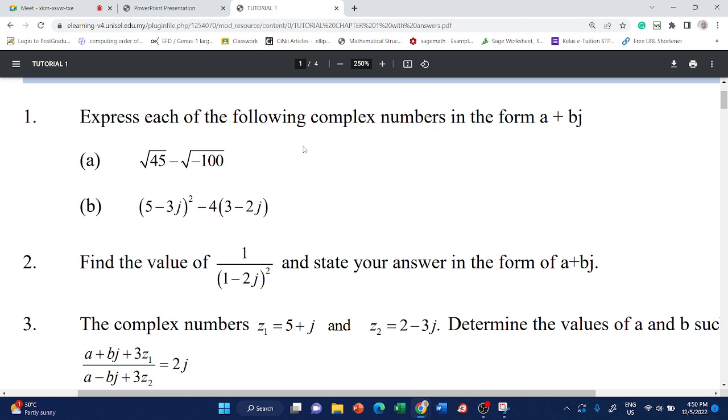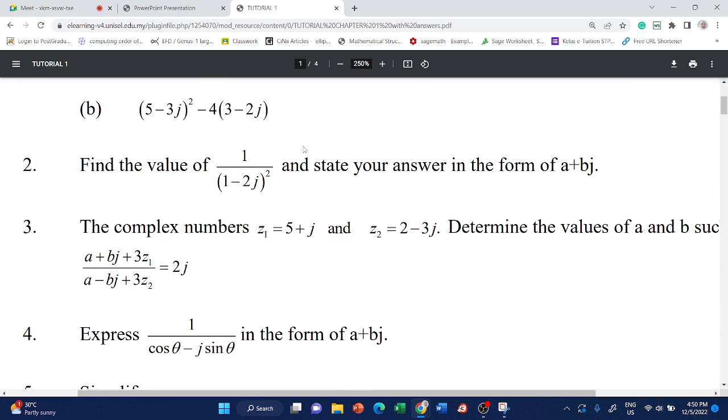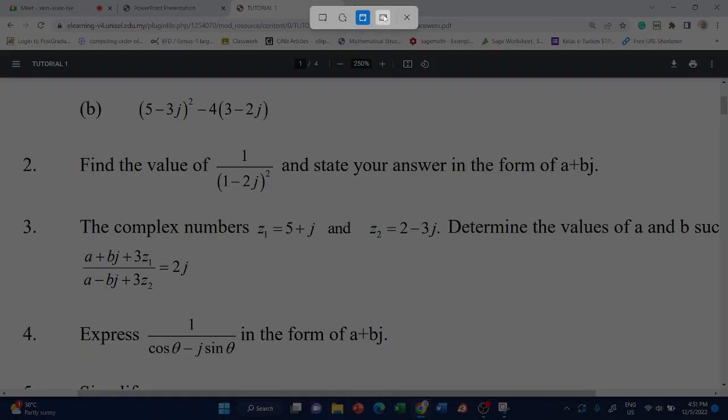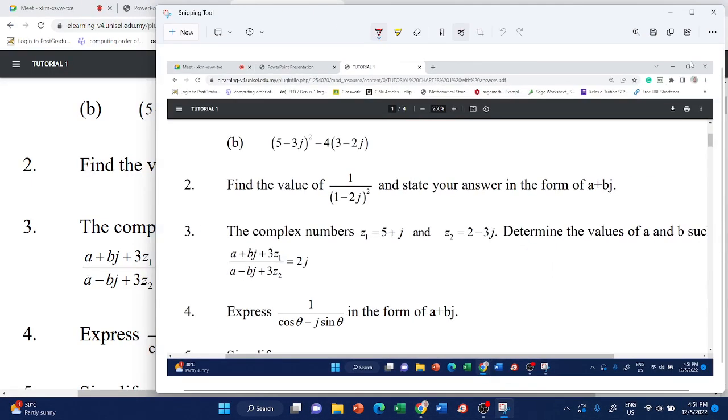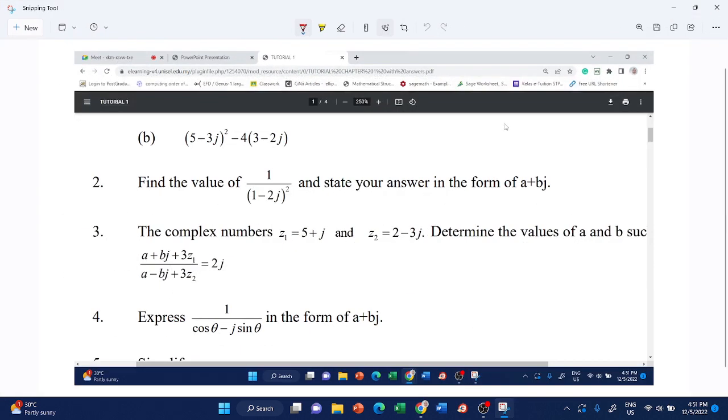We have to expand it first. Expand means the power of 2 here, you have to multiply out, open the brackets. Something like this.